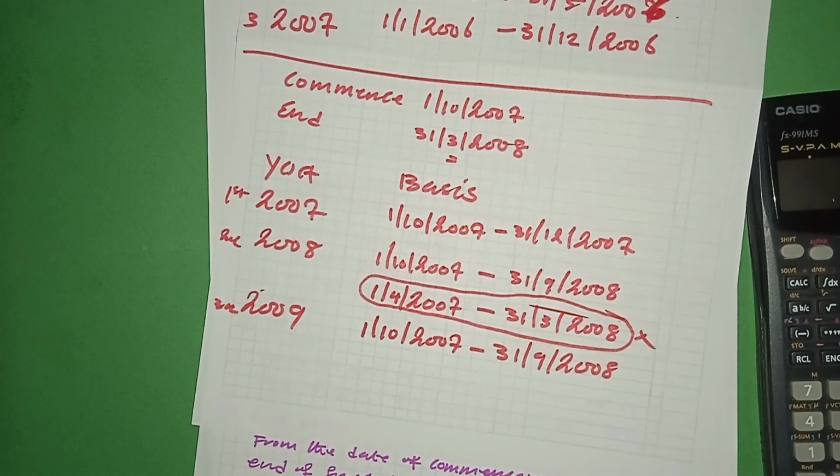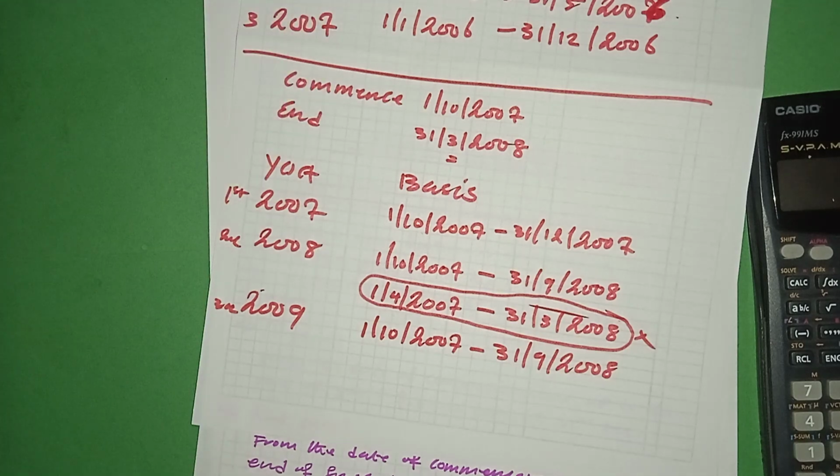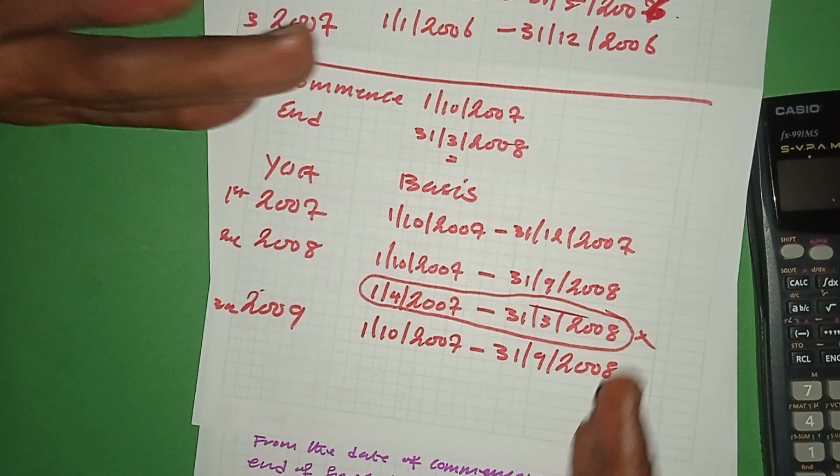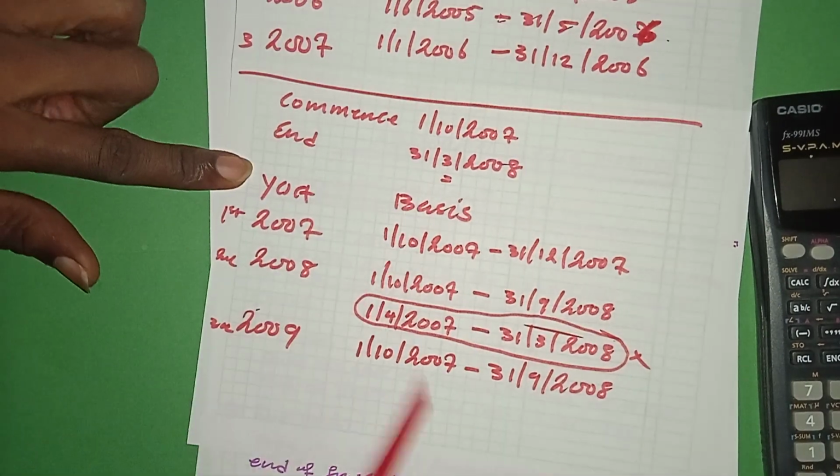I hope that is clear. I just gave you the basis on which you will understand this, because in our next video, we are going to do calculation with the assessable profit. We are going to add amount to it. Now it's just the year of assessment, basis period.